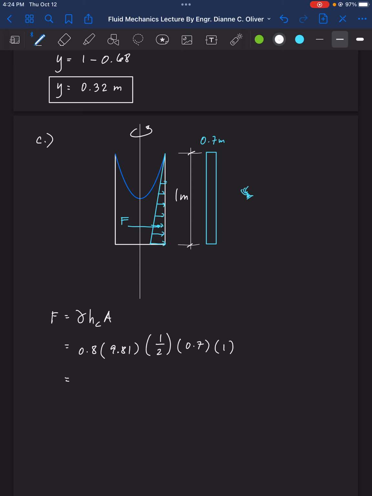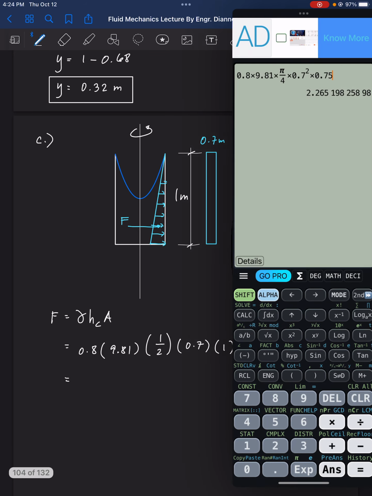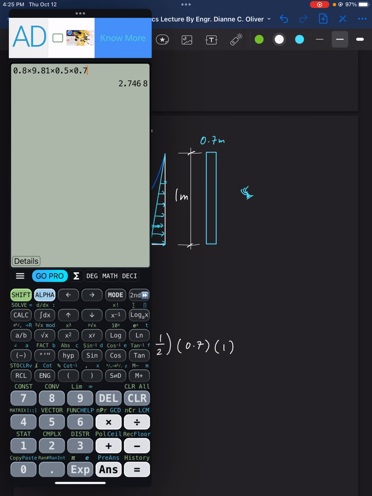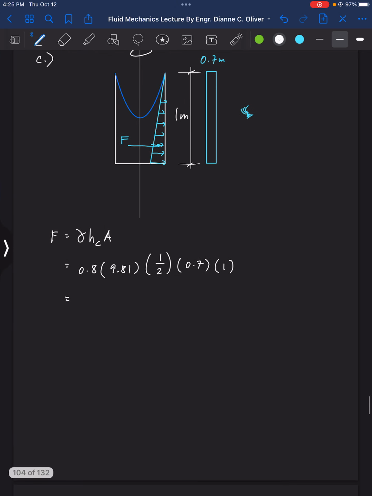So F is equal to 0.8 times 9.81 times 0.5 times 0.7, that is 2.75 kilonewton. That is the force.